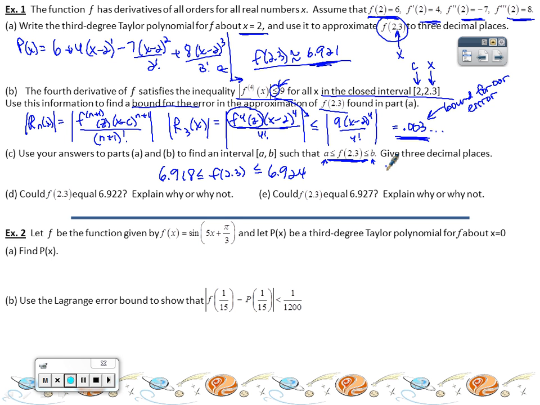Okay. So let's answer part D. Could our real function value equal 6.922? Yes. Why? Because it lies in the interval, right? It's in the interval.